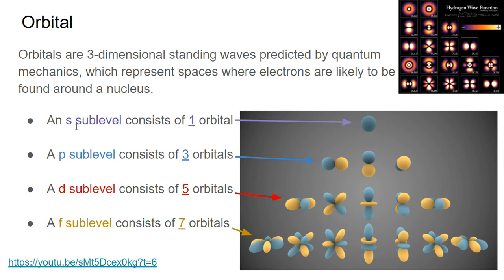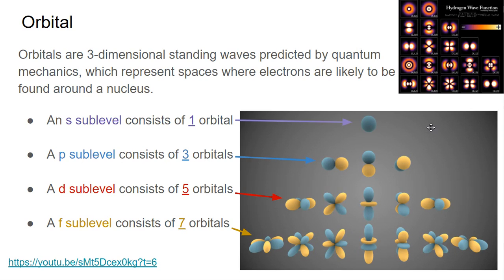An S sublevel consists of one orbital. It's this spherical shape, and that one orbital holds a maximum of 2 electrons. Each orbital holds up to 2 electrons, so an S sublevel holds 2 electrons. A P sublevel consists of 3 orbitals, 1, 2, 3.